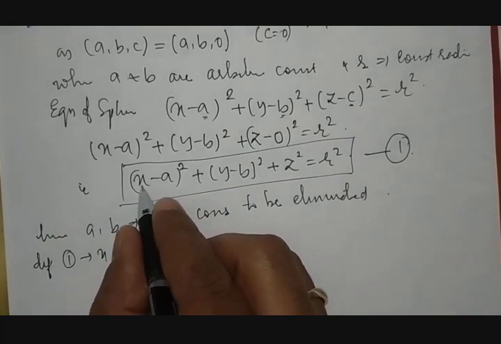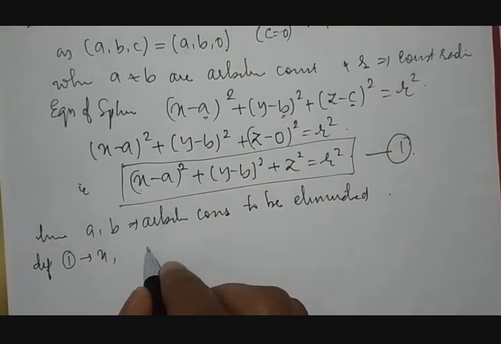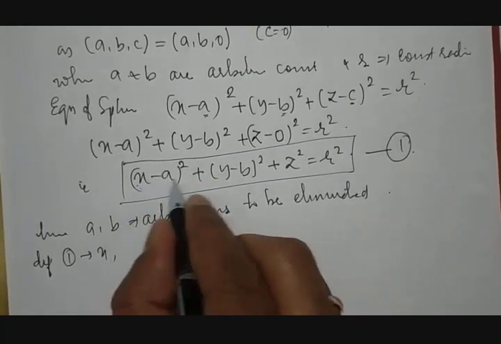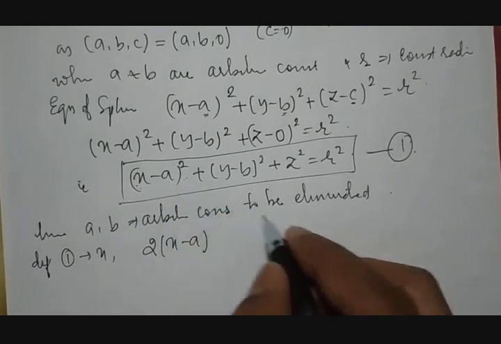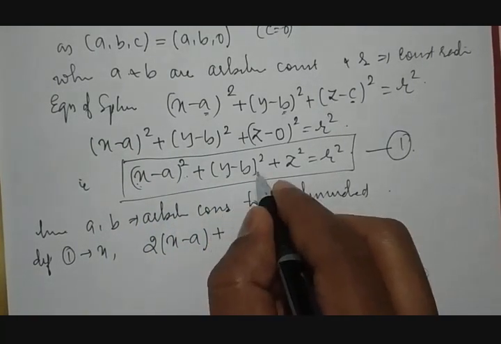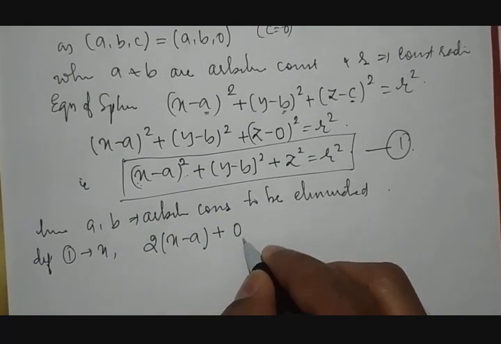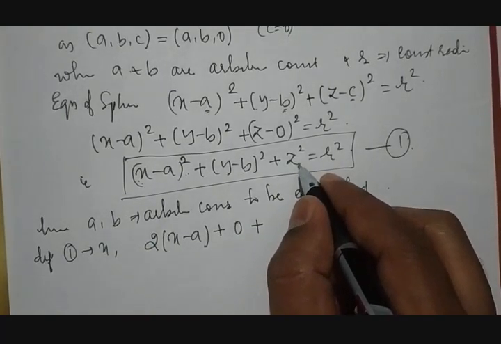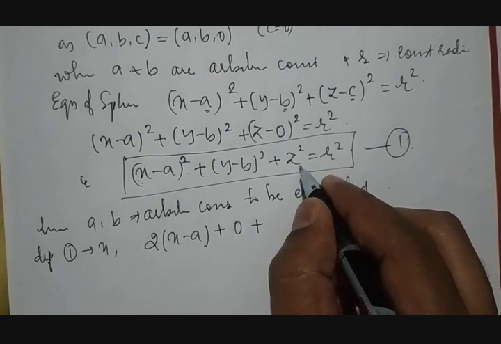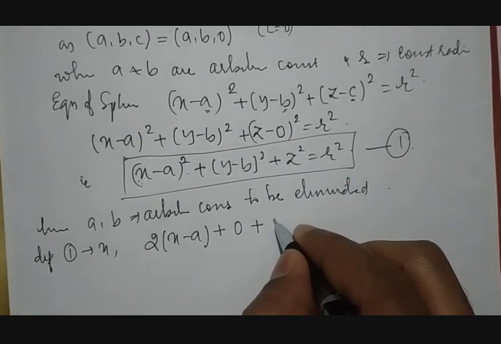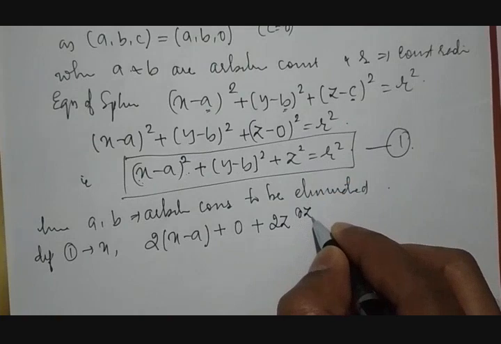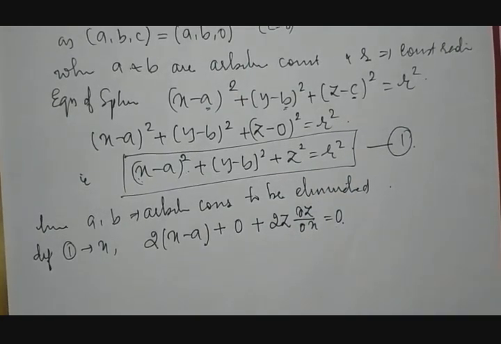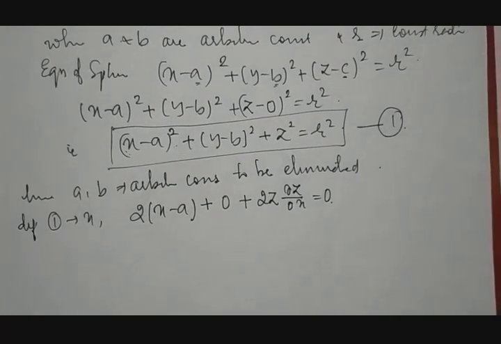What happens? X minus a whole square with respect to x will be 2 times x minus a into differentiation of the bracket, which is 1, plus differentiation of y minus b square with respect to x, which is 0, plus differentiation of z square, since z is a function of x and y, like 2z into dou z by dou x, is equal to r square differentiated, which is 0, since r is a constant.